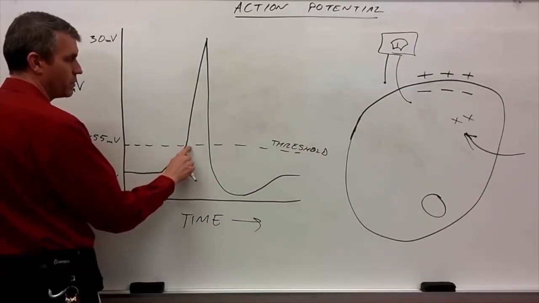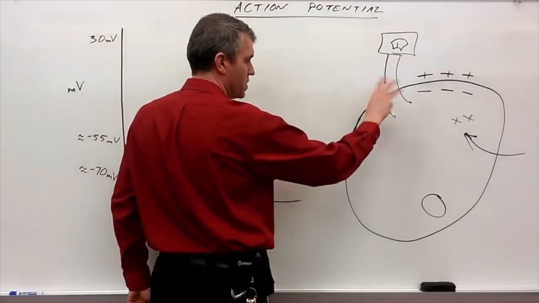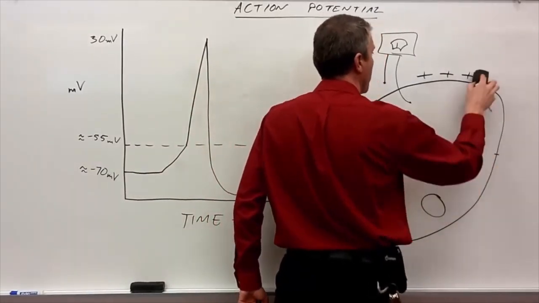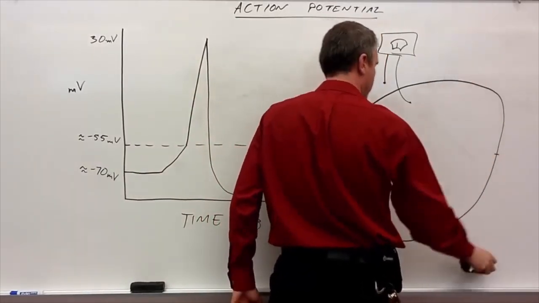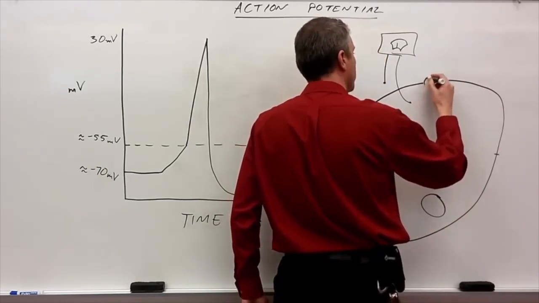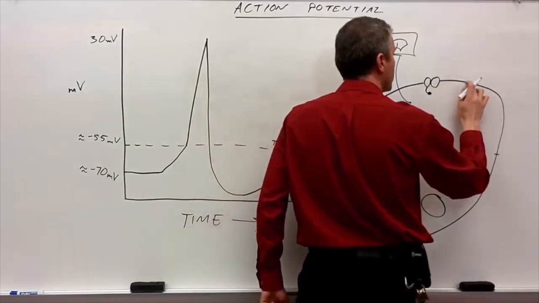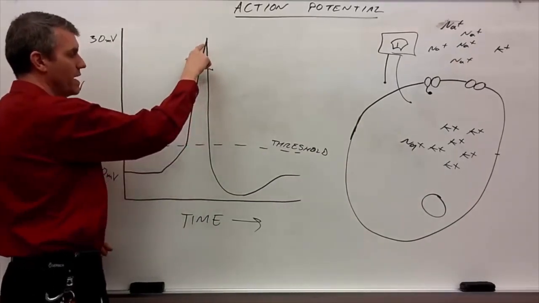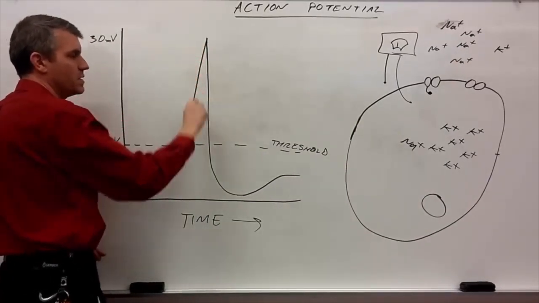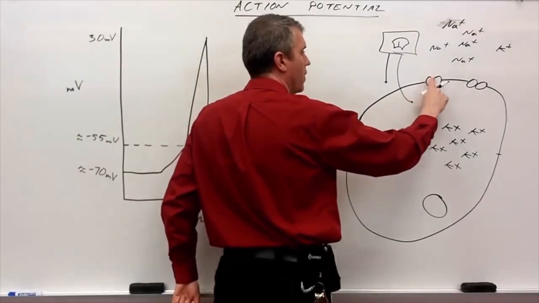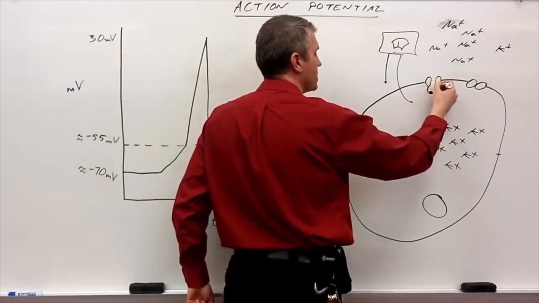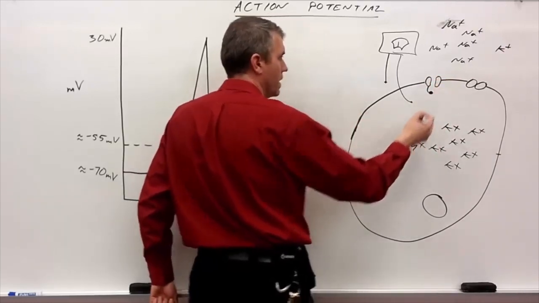Let's talk about what happens when we reach threshold, and for that I'm going to change my picture slightly, and I'm going to include the proteins of action potential. Here's my first protein, and then here's my second protein. So once we reach threshold, what causes the membrane to go positive? The membrane goes positive because this first channel, the voltage-gated sodium channel, opens in response to that reaching of threshold.